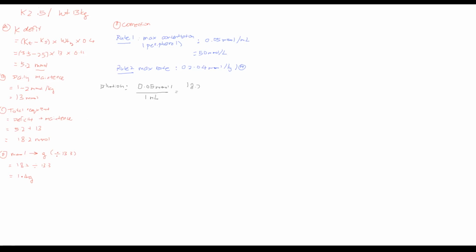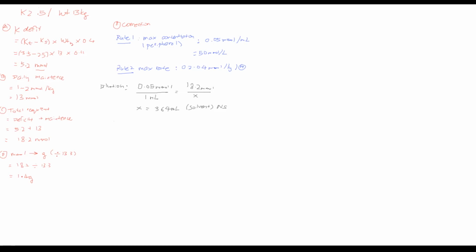We want to know how much solvent we need, in this case probably normal saline, which is X. So X is equal to 18.2 divided by 0.05, and we'll get 364 mL of solvent, which in this case will probably be normal saline.